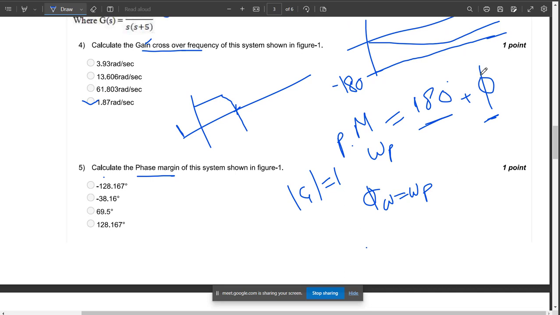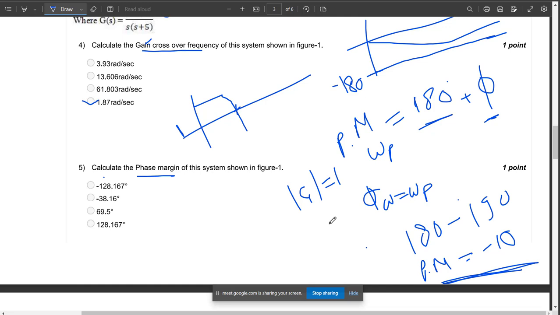Let's say the phase of the system is below minus 180 degrees, say minus 190 degree. So this makes the phase margin negative, that is minus 10. This means that the stability of the system is very low. Here the system is unstable.